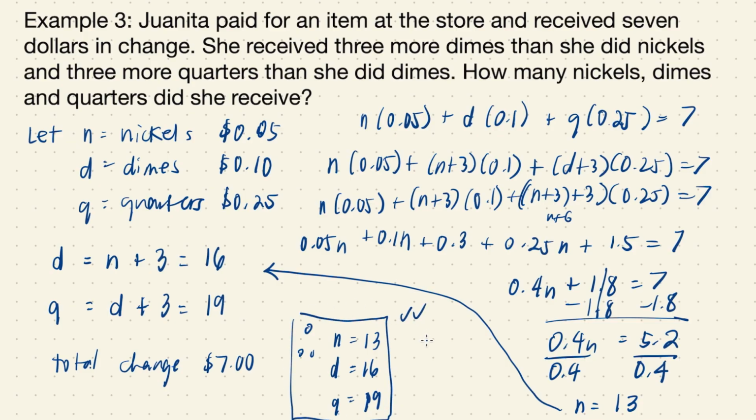To check, just use this. You multiply by 0.05, multiply by 0.1, and 0.25. So 13 times 0.05 is 0.65. 16 times 0.1 is 1.6. 0.25 times 19 is 4.75.